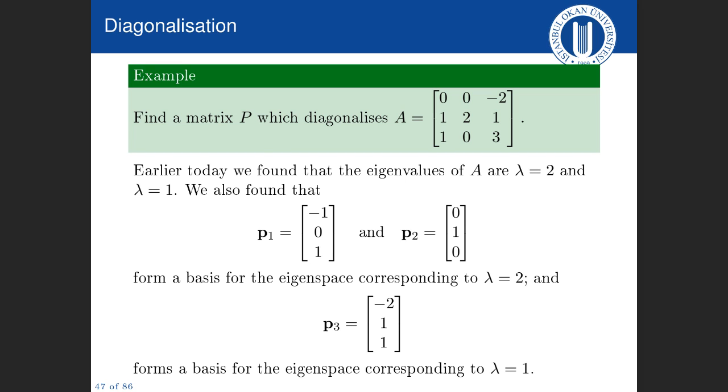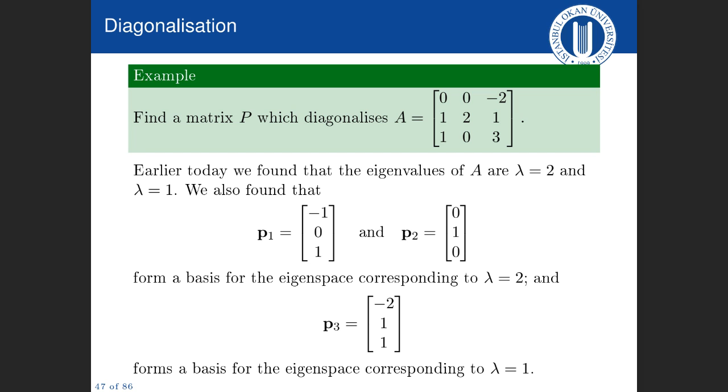P1 and P2, written here, form a basis for the eigenspace corresponding to lambda equal to 2, and P3 forms a basis for the eigenspace corresponding to lambda equal to 1. So we've done most of the work already. We have our 3 linearly independent eigenvectors.